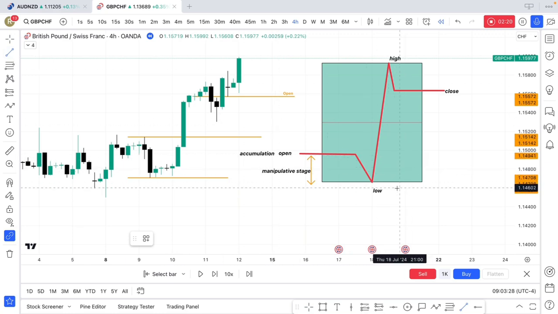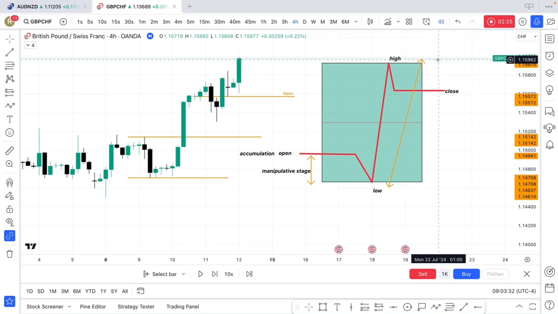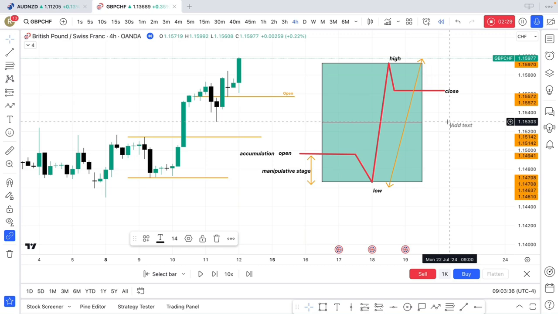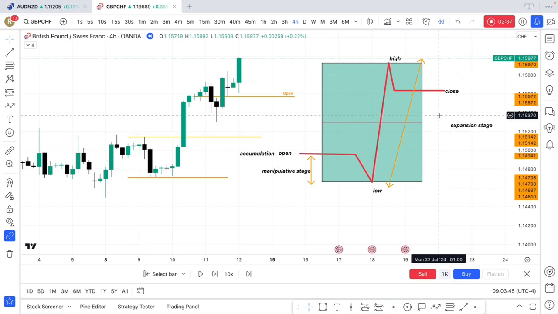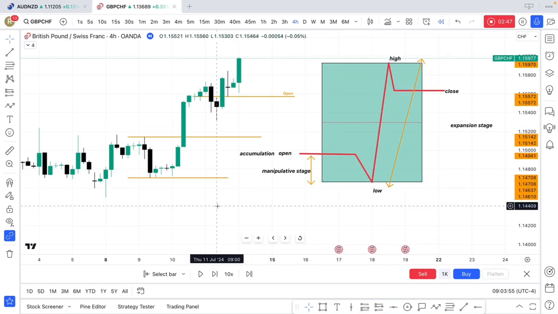Then from here to here is the expansion space. So that's the expansion stage. That's what we are looking for. So the accumulation happens on Mondays. Mondays, write it in your book. The accumulation happens on Mondays.